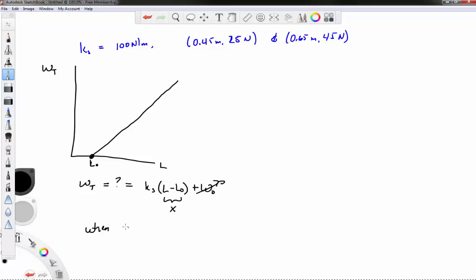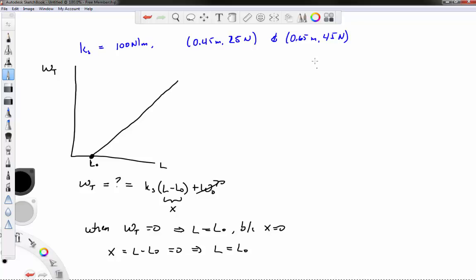So when Wt is equal to 0, L is equal to L0, because x is equal to 0. So if x is equal to 0, x is equal to L minus L0, and that's equal to 0, then it follows that L is equal to L0.